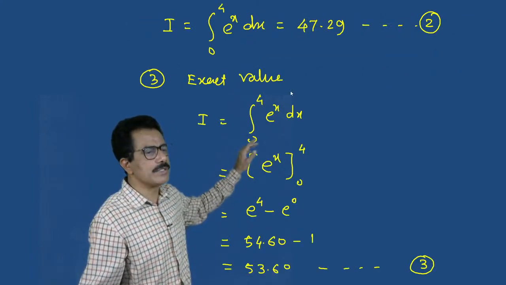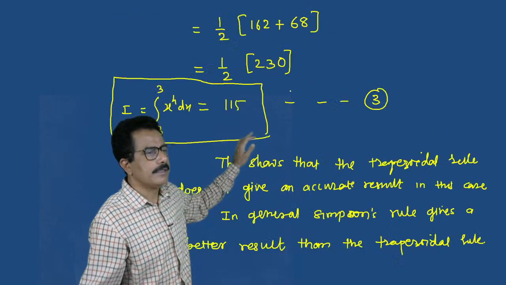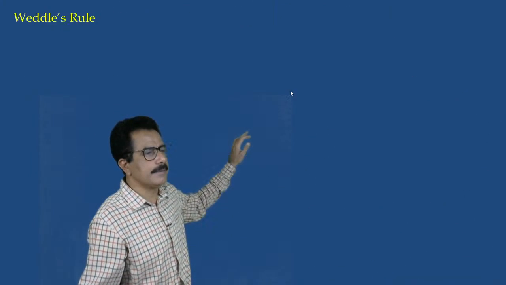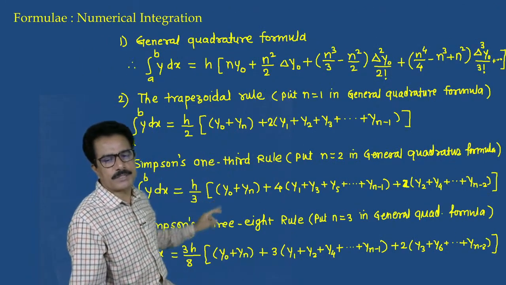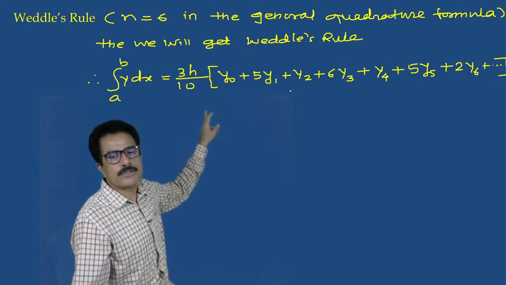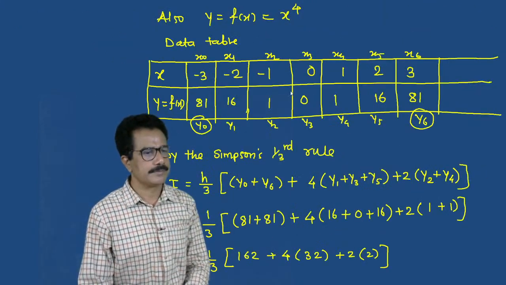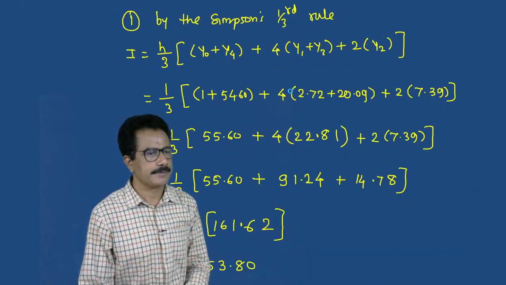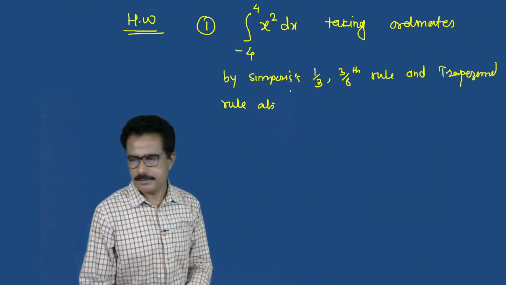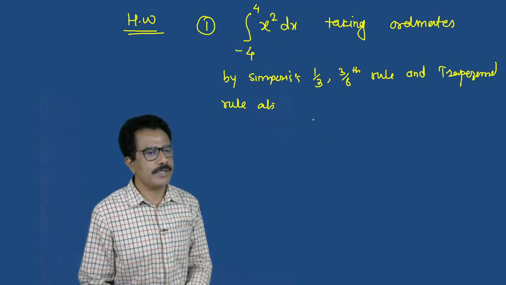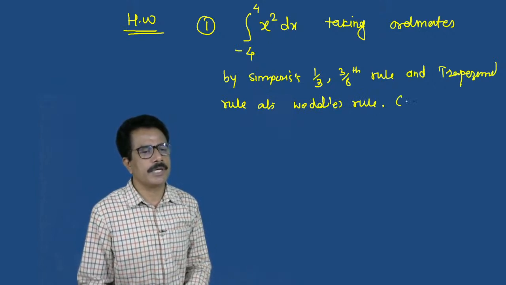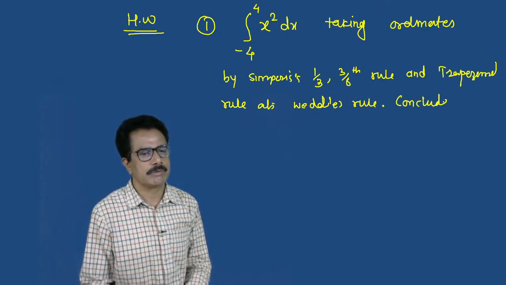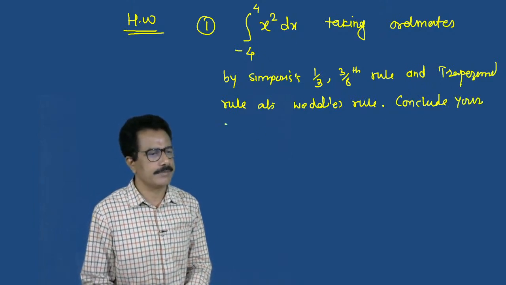Also you have to use Weddle's rule. We have to use Simpson's 1/3 rule, Simpson's 3/8 rule, trapezoidal rule, and Weddle's rule. Conclude your result.